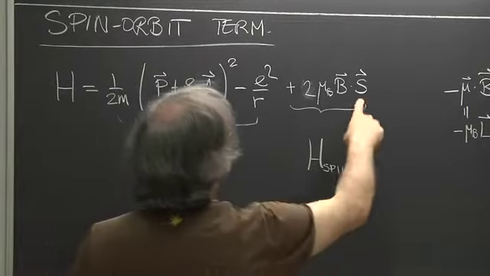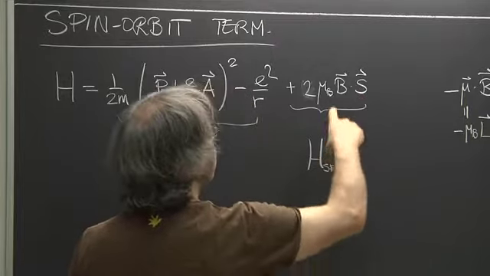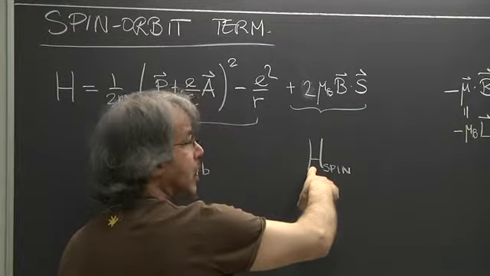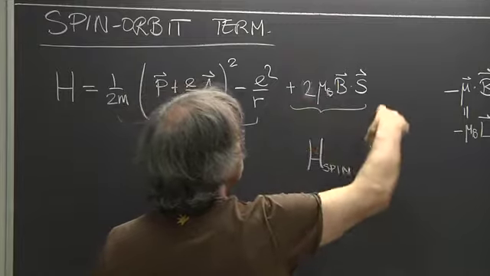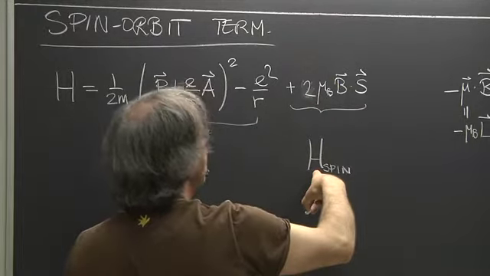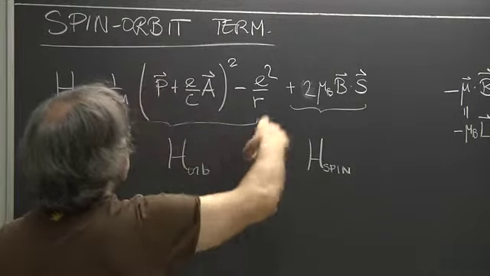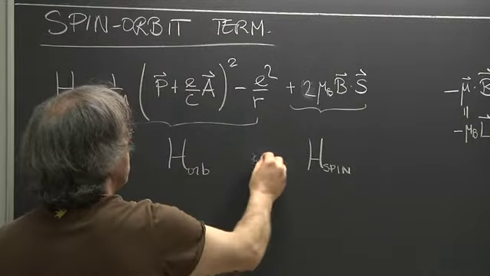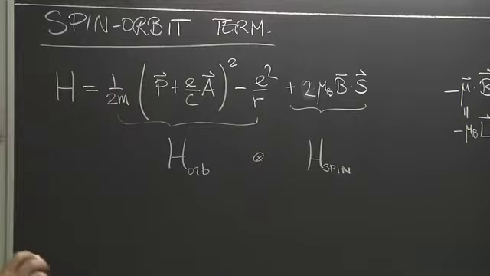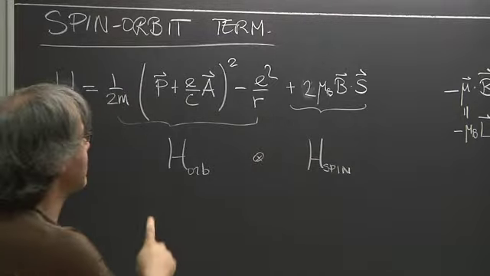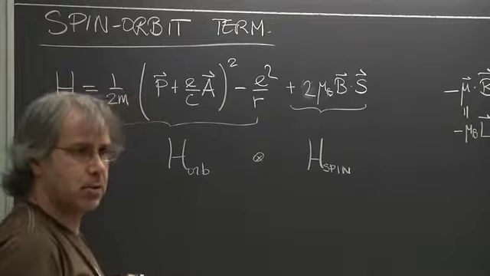So the spin lives by itself, and the whole dynamics is governed by this piece of Hamiltonian in this space, and the orbit lives by itself, and the whole dynamics is governed by this piece of Hamiltonian in this space. You can always really work with factorized states in some sense.